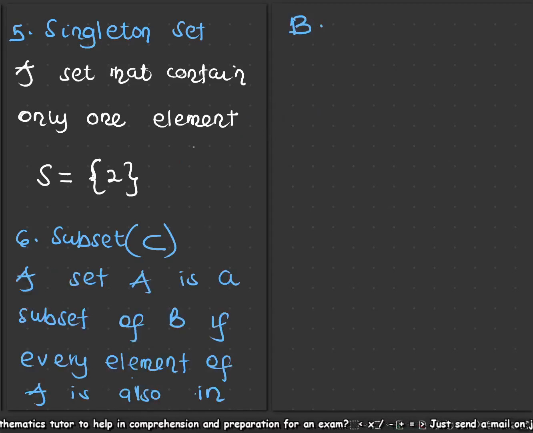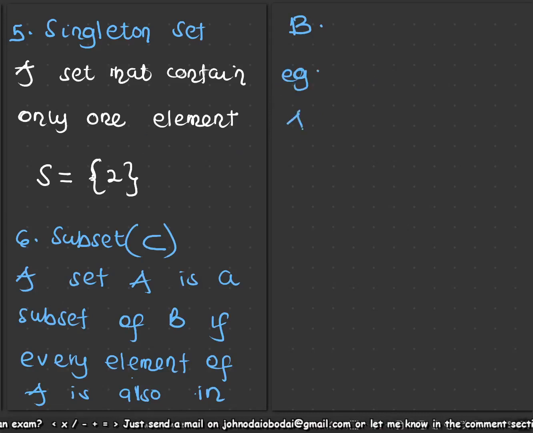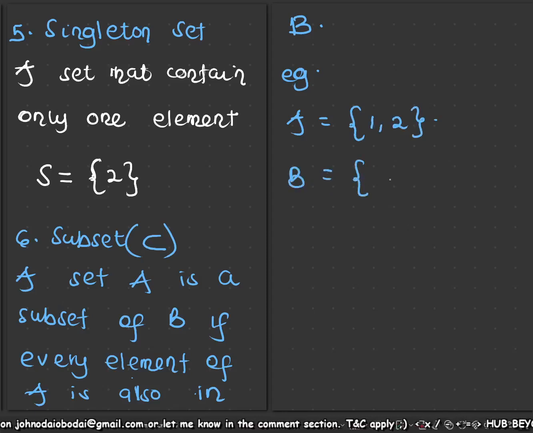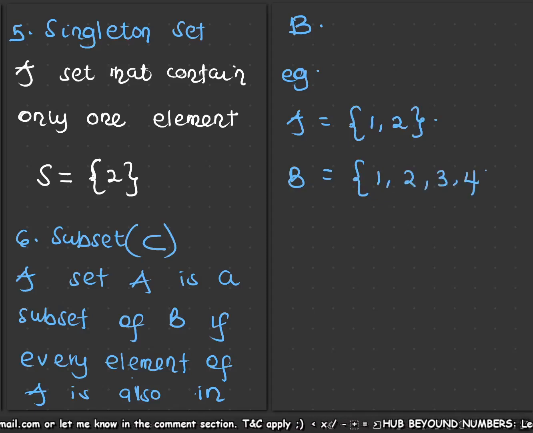So let's look at this example here. Let's say I have set A, which has elements 1 and 2. And then I have set B, which has elements 1, 2, 3, and then 4.